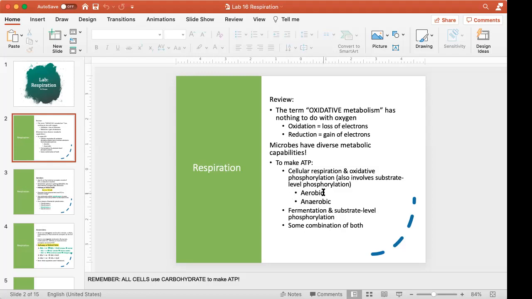Remember, what's happening in the electron transport chain is the gathering of the energy from the electrons. Those specialized proteins are pulling the energy out of those electrons, but the electrons themselves are going to end up at the bottom of that staircase that we call the electron transport chain.